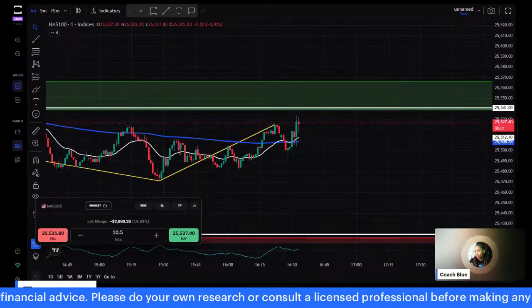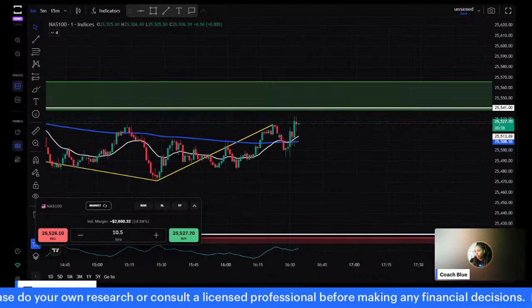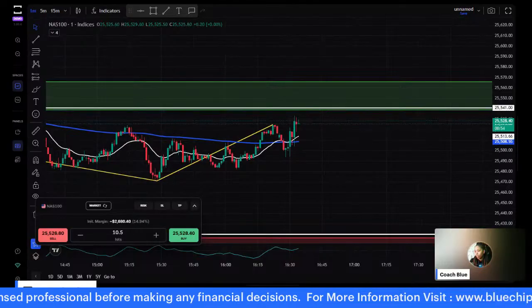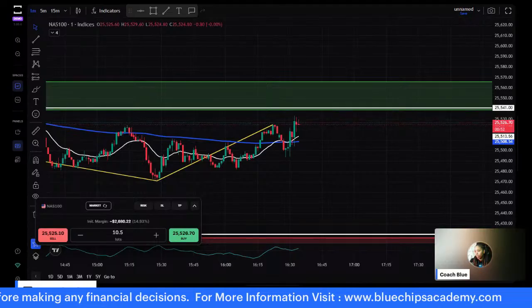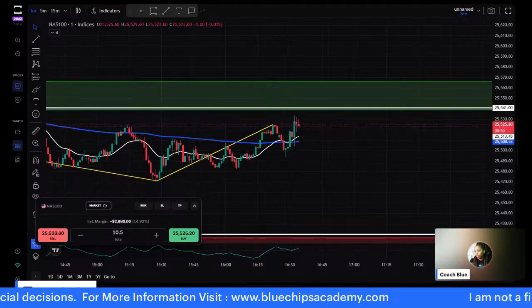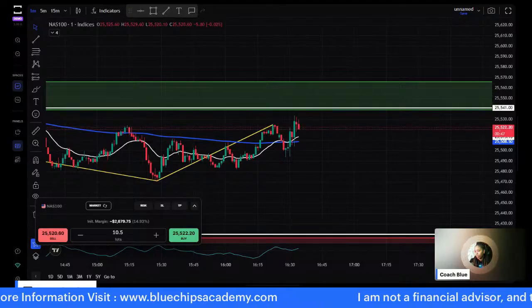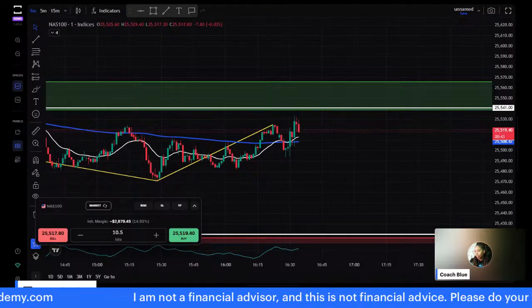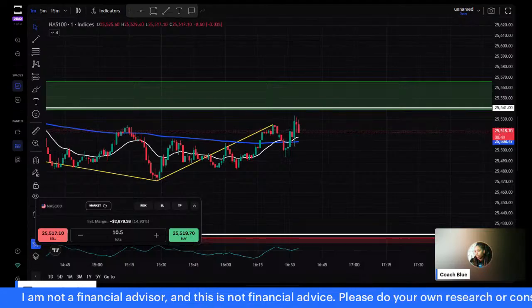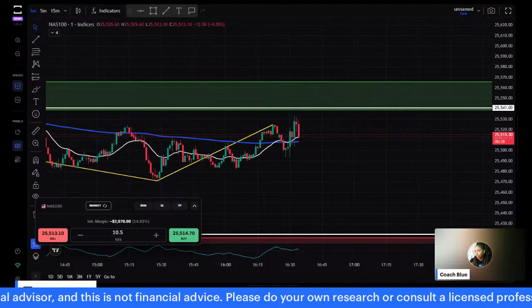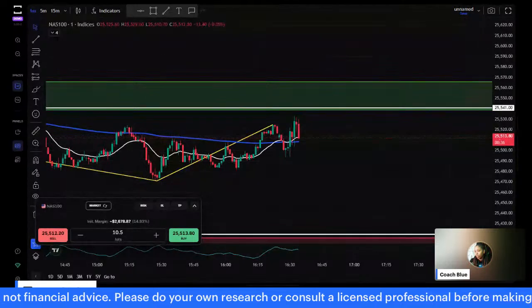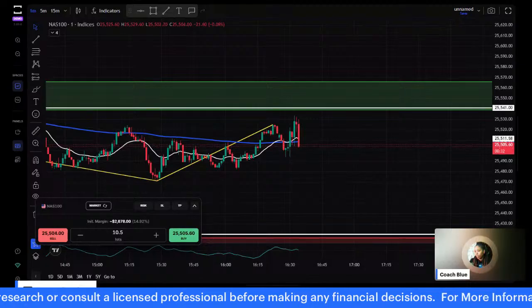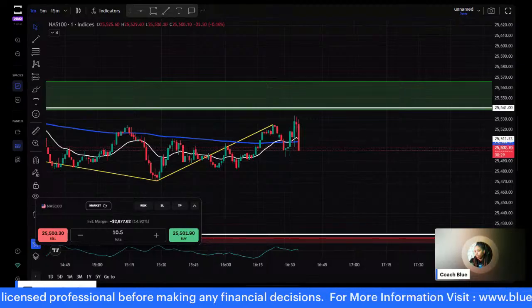Still have a lot of time. Let's see if this next candle can break us through here. Oh, nice rejection here. Nice rejection.